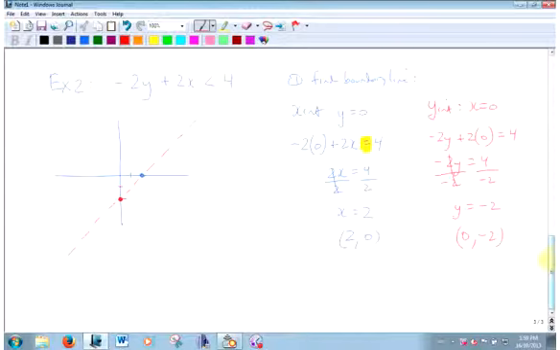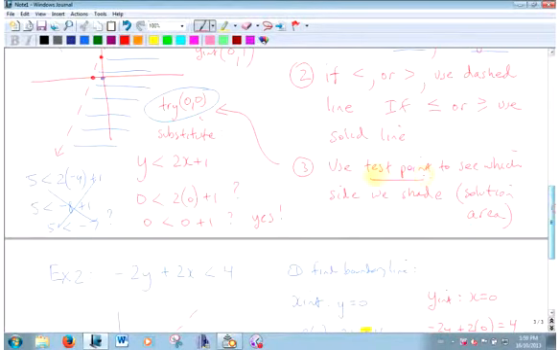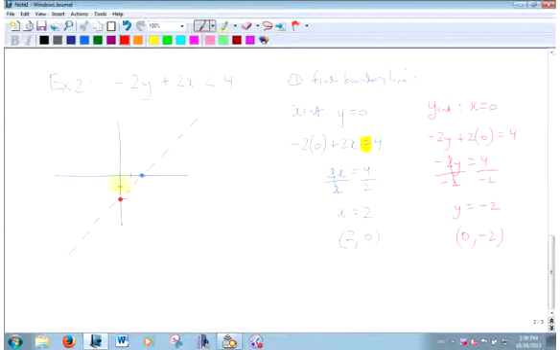I know you don't, because you're not paying attention. Use a test point. Can I use 0, 0 here? Sure. My line looks like it's far away from it. Like I said, if my line, guys, was right on top, I can't tell what side I want to shade. But in any case you can use 0, 0, then do it.